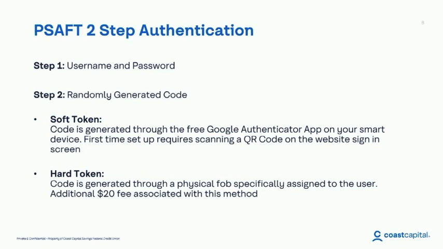This, you get the code by clicking one button, the number appears, and you enter that into the screen. There is an additional fee to this, so it's $20 for that physical fob, and that cannot be transferred from one user to the next.